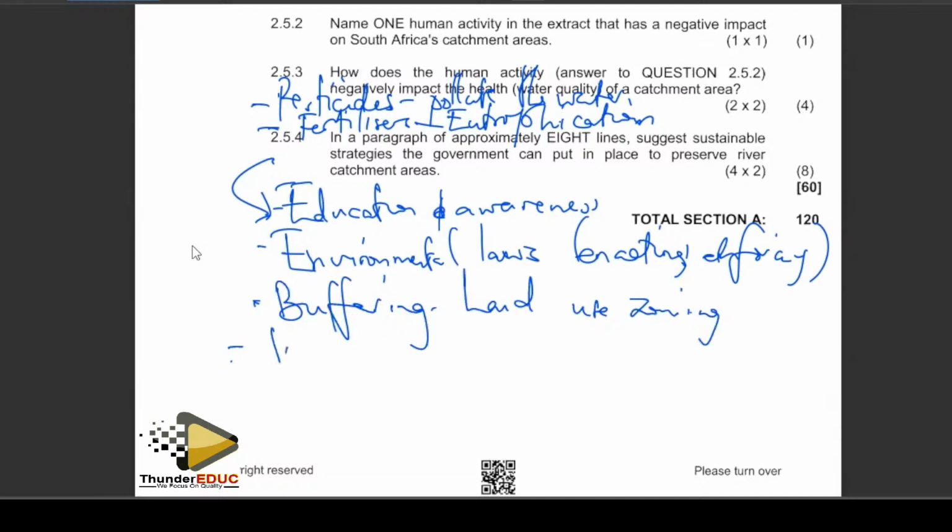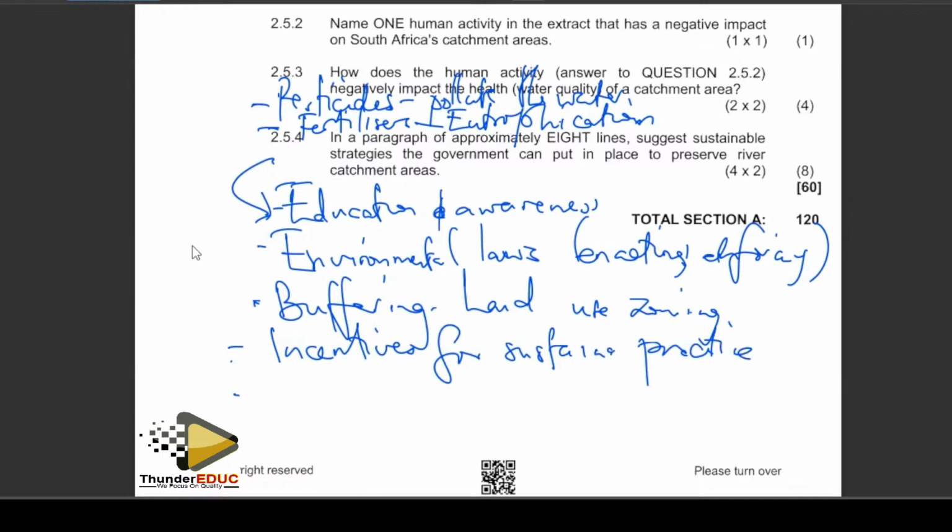And also we can talk of giving incentives for sustainable practice. We incentivize good practice so that we set an example for others to copy and emulate and do the right thing.